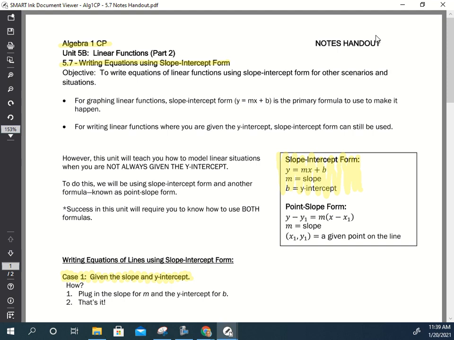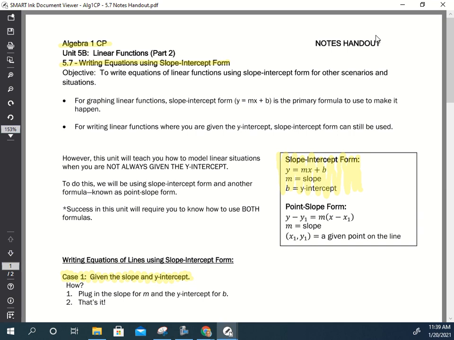Unit 5A not only reviews how to graph a line, but it teaches you the basics of slope-intercept form. As long as you have a slope and a y-intercept, you can write any equation that you want. However, you're not always going to be given the y-intercept, and you're not always going to be given the slope.